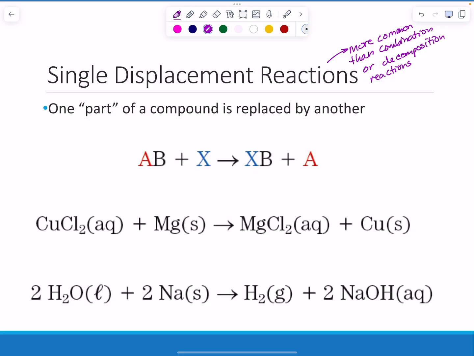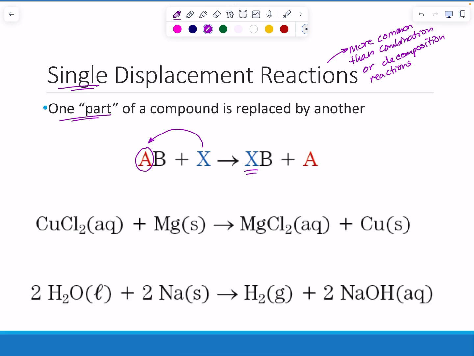When we call it single displacement, what we mean is there is one part of our starting material that gets replaced by another one. So here, the part that gets replaced is the A in the chemical AB, which gets replaced by the X. And so now this is the new partner for element B in this case.